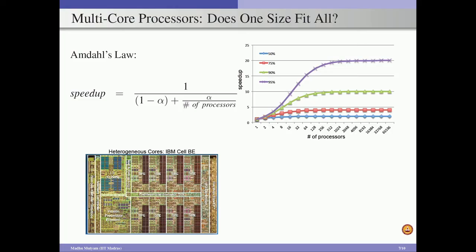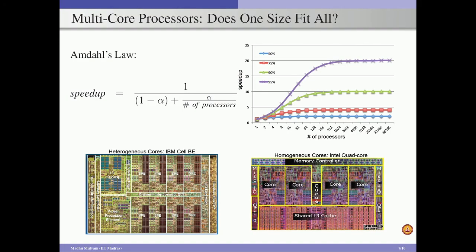On the other hand, if you see a homogeneous multi-core system, this is from Intel. Here we have 4 cores, and all the cores are similar in nature in terms of the superscalar techniques, in terms of the amount of cache associated with each of the cores, and in terms of the clock frequency with which each of the cores can work.